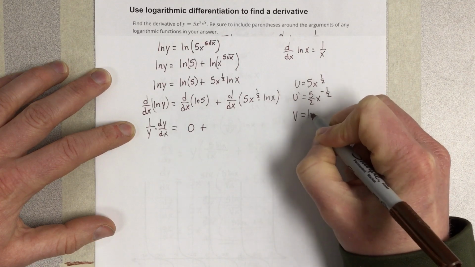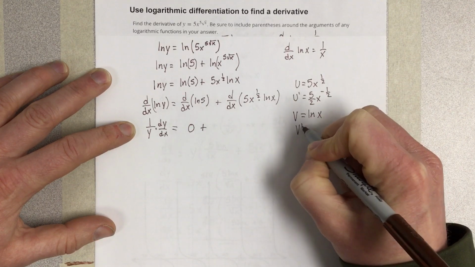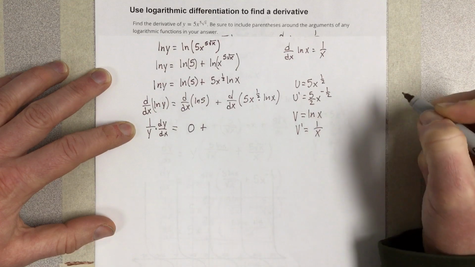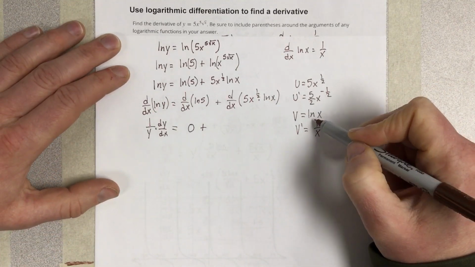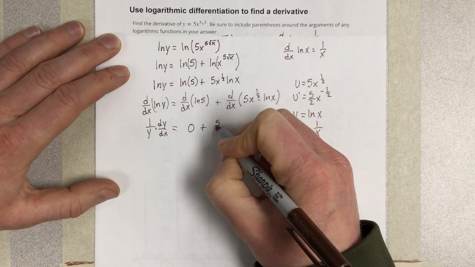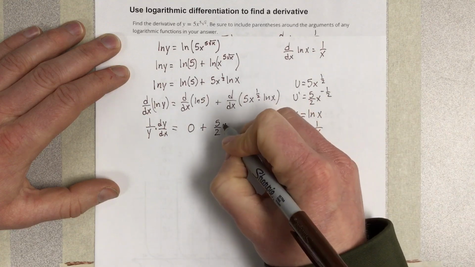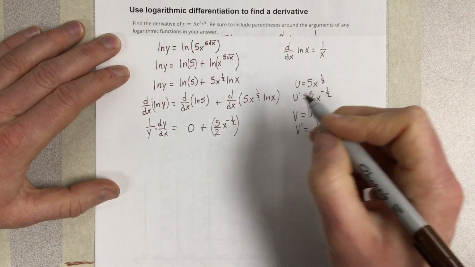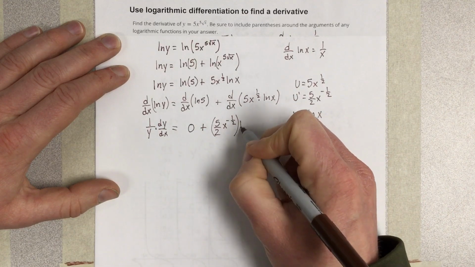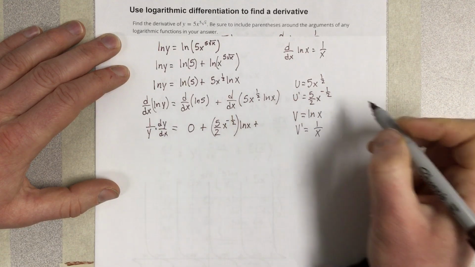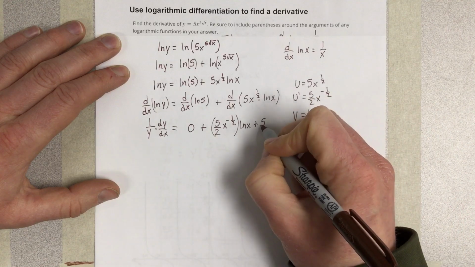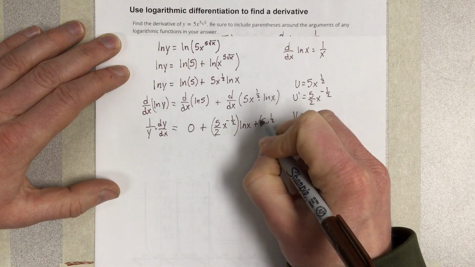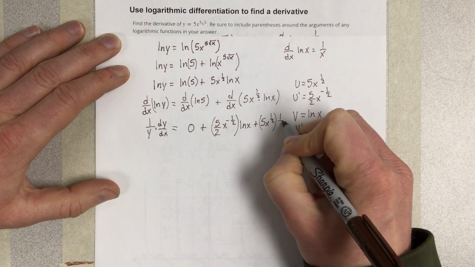V is going to be natural log of x, and v prime is going to be 1 over x. So I'm going to take u prime times v, so 5 halves, x to the negative 1/2, times natural log x, plus u times v prime, 5x to the 1/2 times 1 over x.